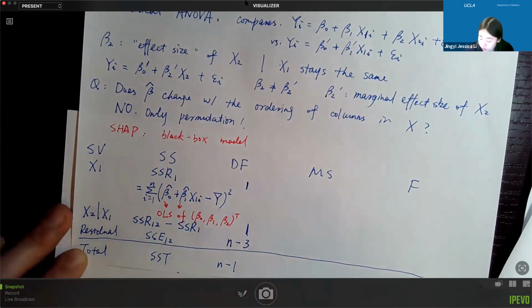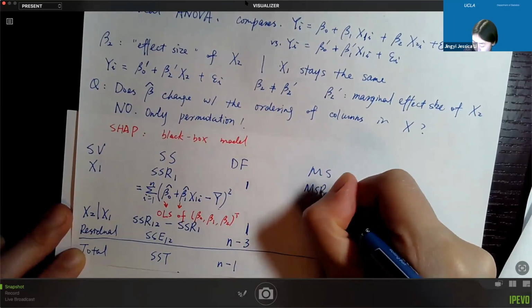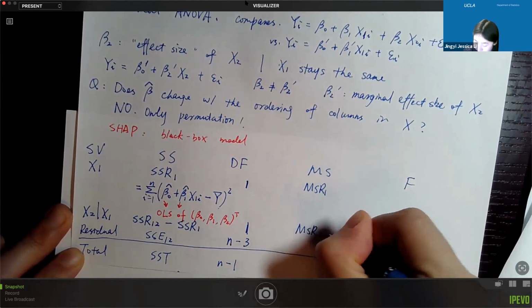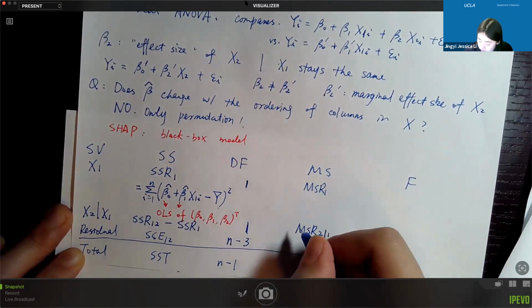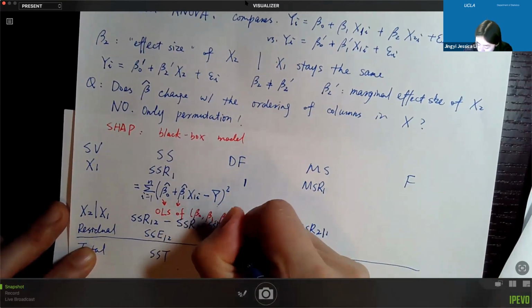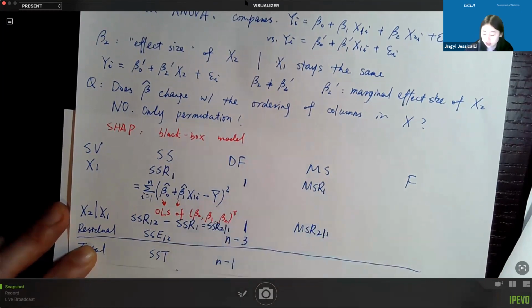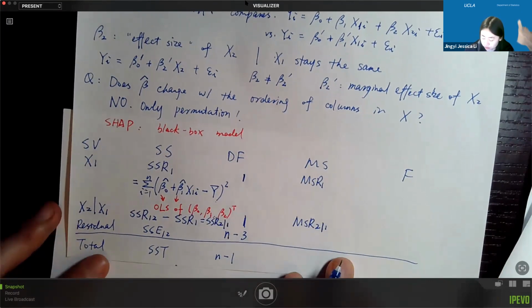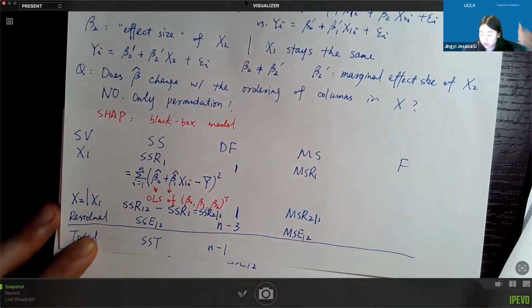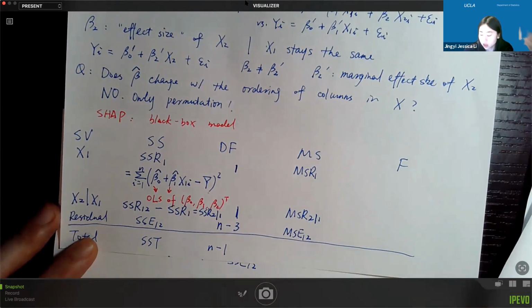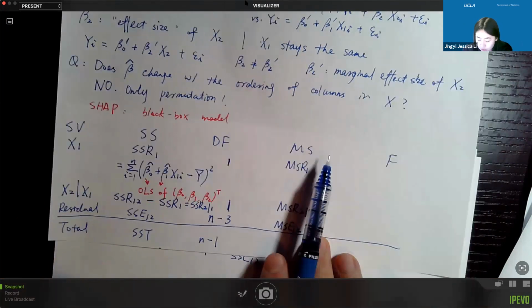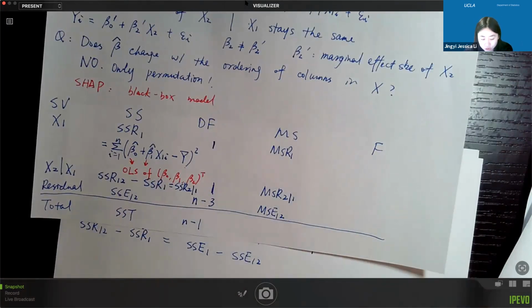Okay, then I can have correspondingly MSR1, MSR2 given 1. And I can define this as SSR2 given 1. That's the additional contribution of predictor 2. And I have MSE12. So those can all be calculated accordingly. One interesting thing here is, in R, if you do this hierarchical ANOVA, I'm going to give you the command shortly.